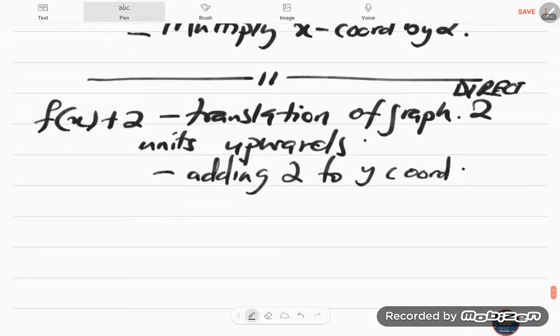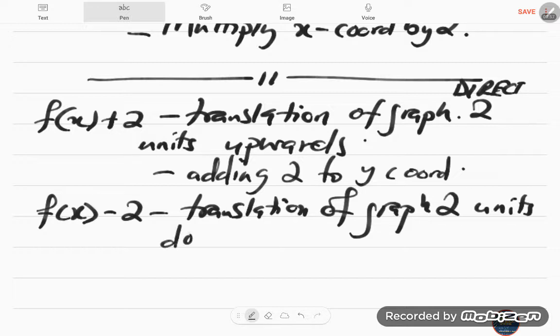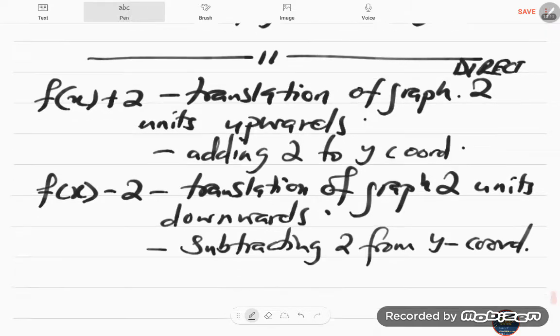Okay, same thing with this one. Translation of graph, 2 units downwards. So in actual fact, we are subtracting 2 from the y coordinates.